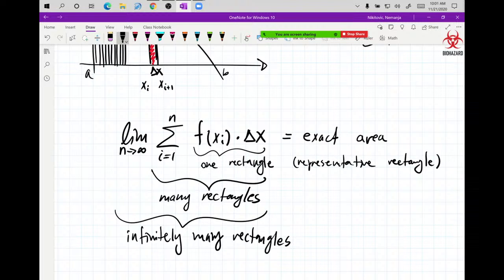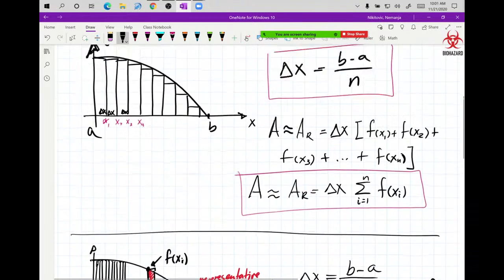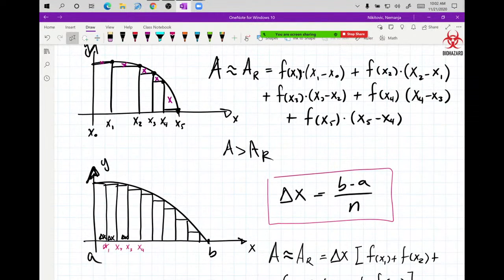And now under each one of those infinitely many points, I'm going to stuff an infinitely thin rectangle, and there is no room for error because these infinitely thin rectangles have no width to create error. The reason these rectangles create errors is because they're fat, right? Their left side and right side are under two different heights, and it creates either an undershoot or an overshoot of the area.